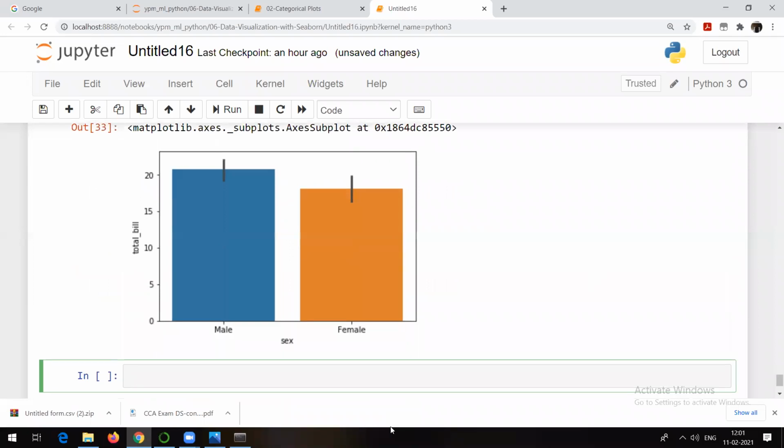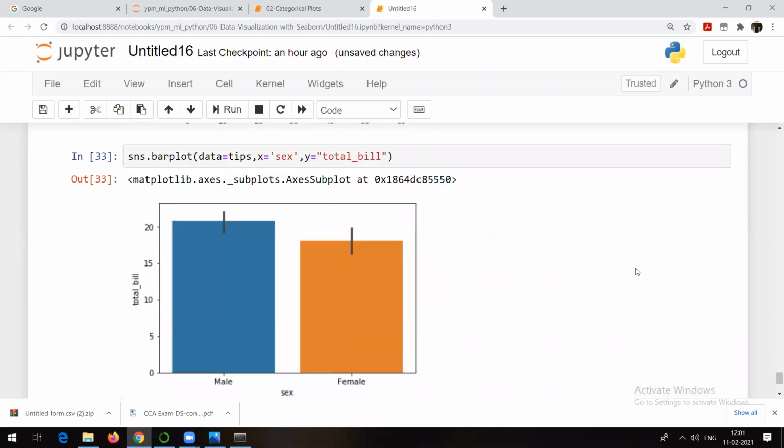This is a simple bar plot, right? So what you can notice from this one is that on the x-axis it is showing us whether it's a male or a female, right? And on the y-axis it is talking about total bill. You can see that it is male who generated more total bill as compared to female. But see what I told you, by default bar plot is going to make use of what?